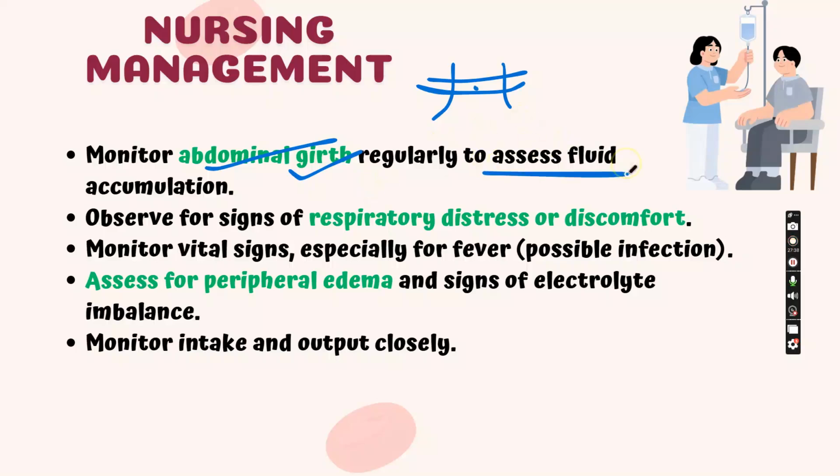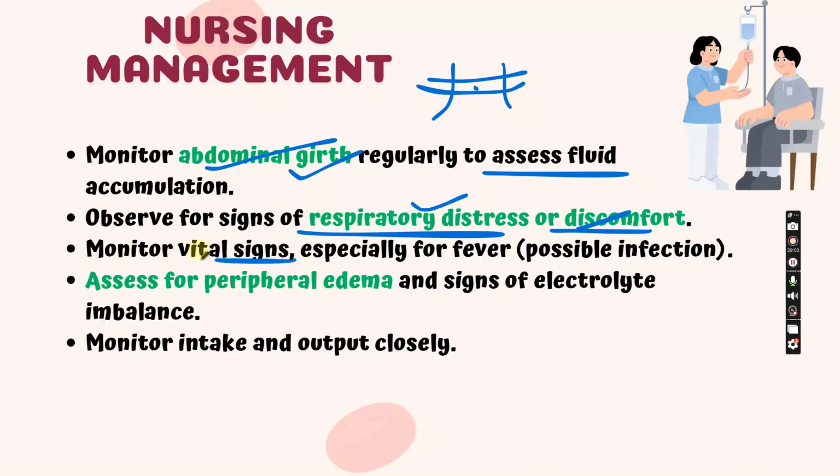Okay. So assess fluid accumulation. Then we have to watch for signs of respiratory distress or discomfort. Okay, so we have to relieve respiratory distress of the patient either by providing a comfortable position or by aiding them with other respiratory aids. Okay, we have to address this issue as well.